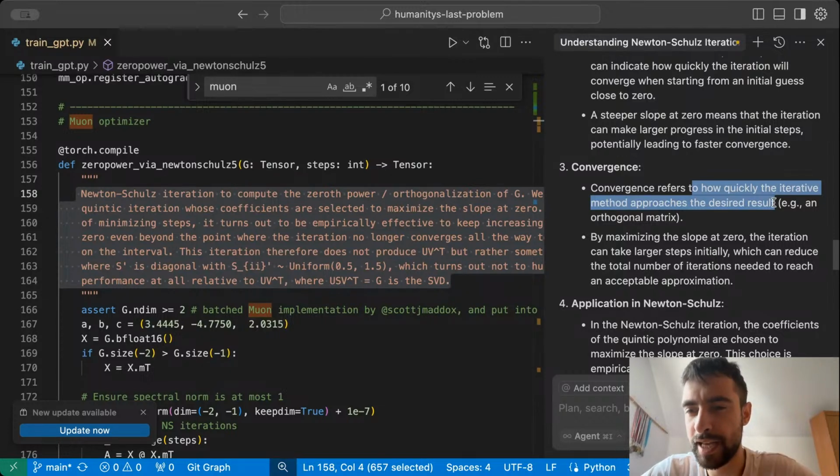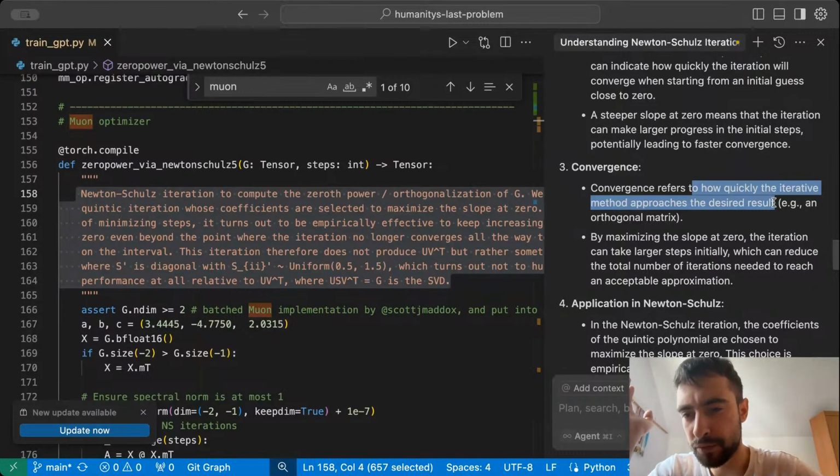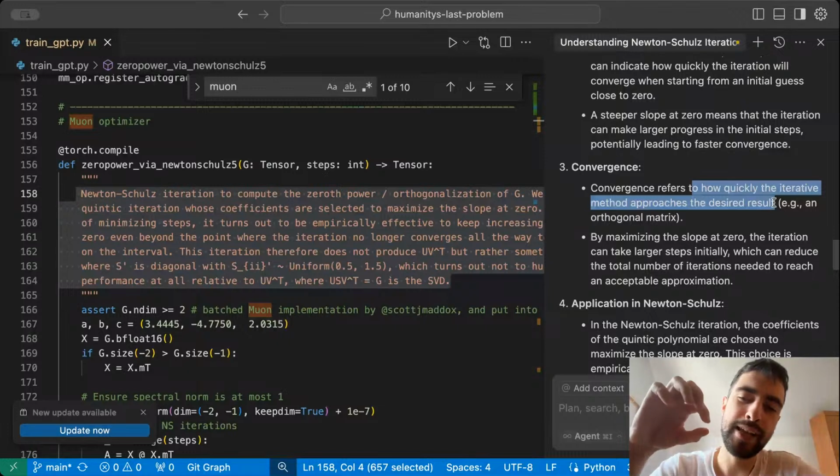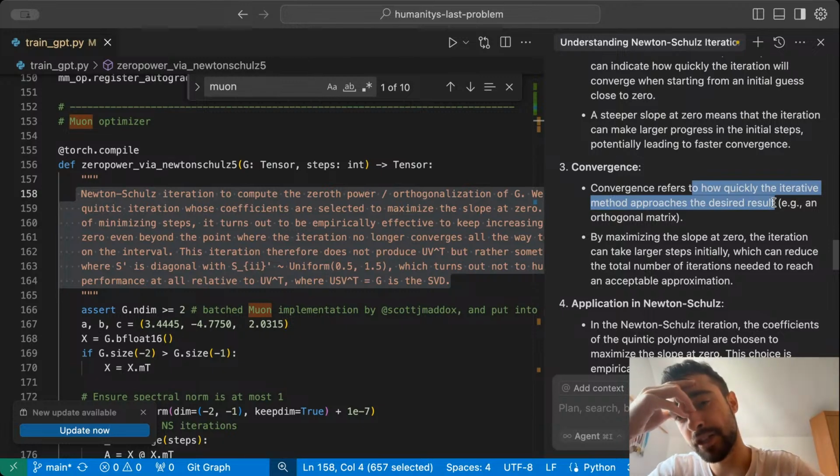How quickly an iterative method... an orthogonal, what do you mean? How is an orthogonal matrix the desired result? I don't get it. Wait. So we take our real matrix, we put it through some function, and this function is approximated by the polynomial.